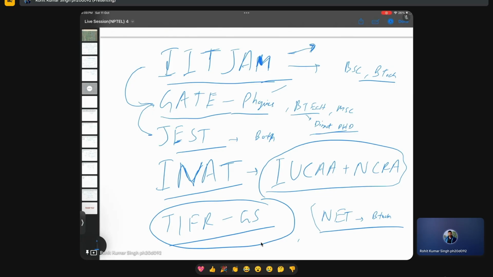Are there any resources to study for IIT JAM and GATE? I'll say stick to your standard physics books. In IIT JAM, mainly the questions are asked from quantum mechanics, electromagnetic theory, thermodynamics, and statistical physics.